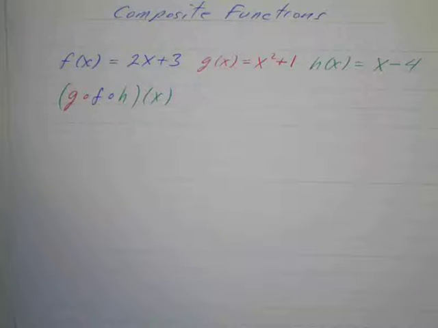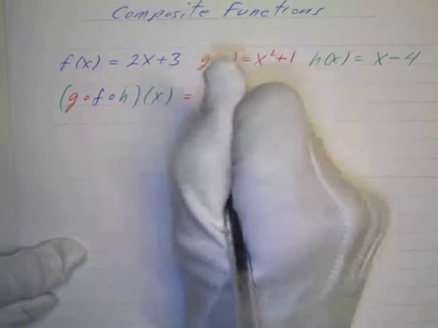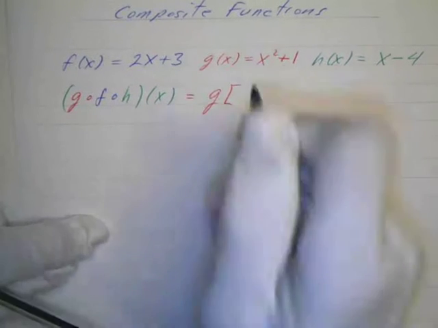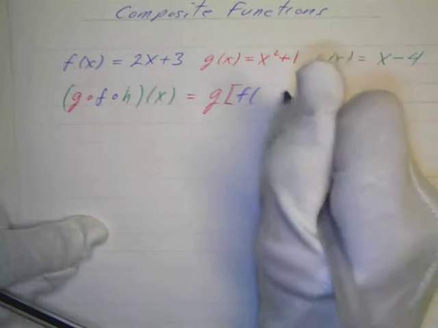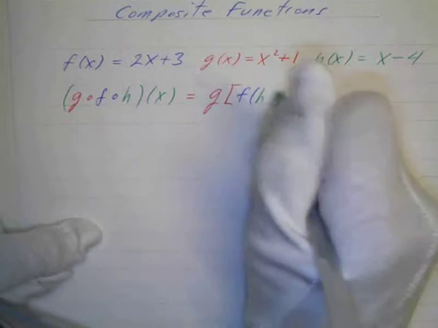If we wrote this out in a more meaningful way, this is my outermost function, g of f of h of x.